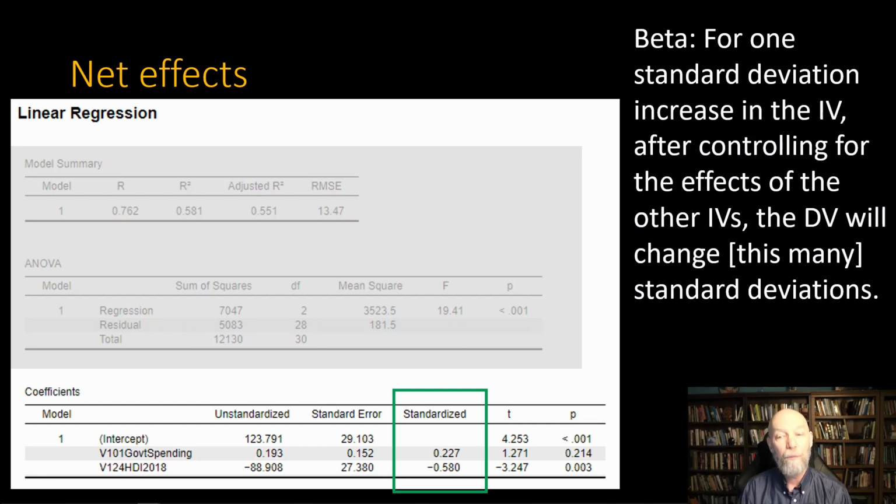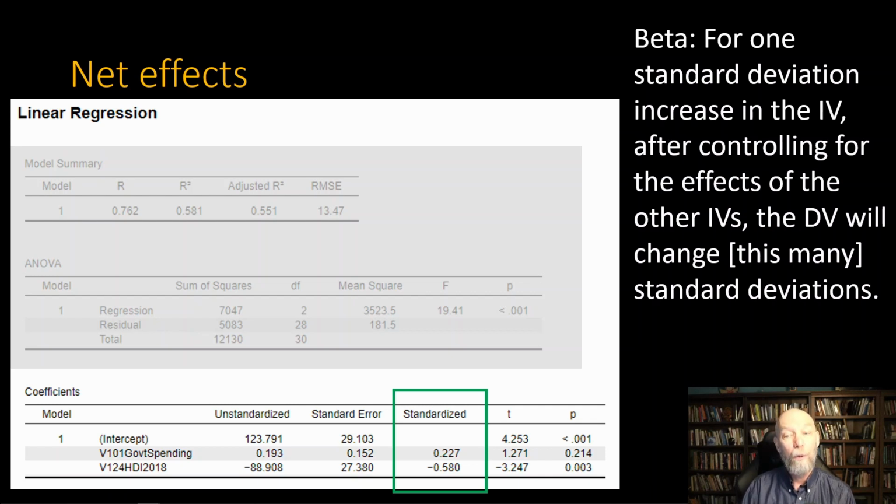Well, for a 1 standard deviation increase in government spending, after controlling for differences in the country's HDI values, you will see about a fifth, 0.23, or maybe call it about a fourth, of a standard deviation change in the percent of the population saying that prostitution is never justifiable.